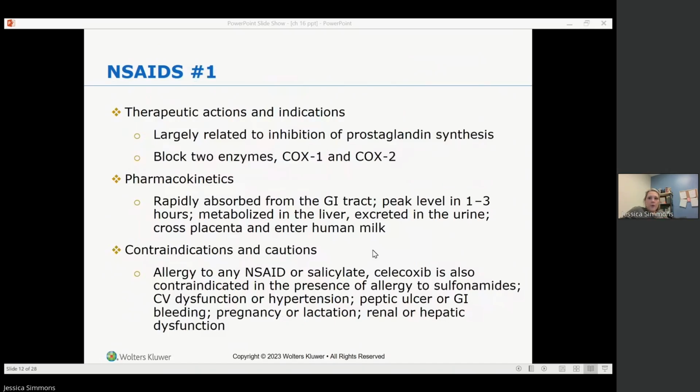So the therapeutic action and indications, they are largely related to the inhibition of prostaglandin synthesis. Remember, prostaglandins do lead to that pain aspect and is in the inflammatory process, the inflammatory cascade.